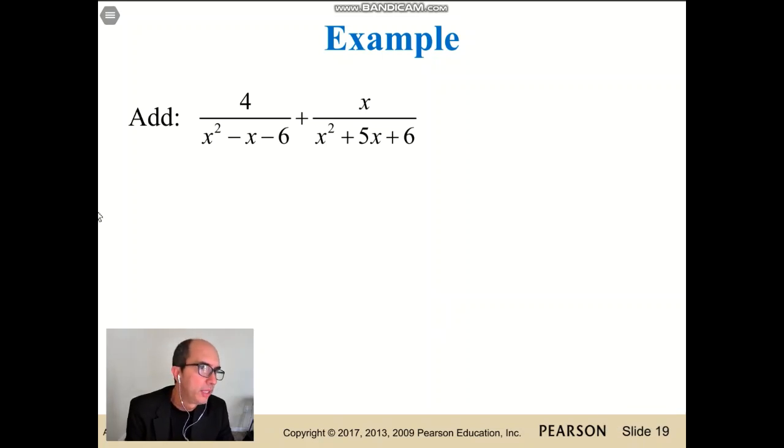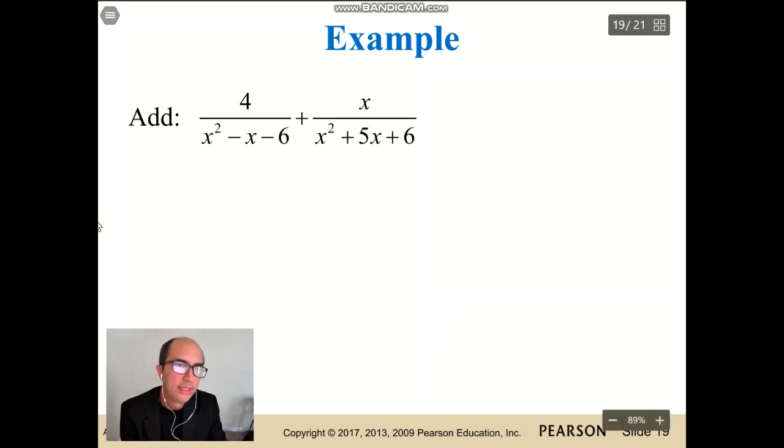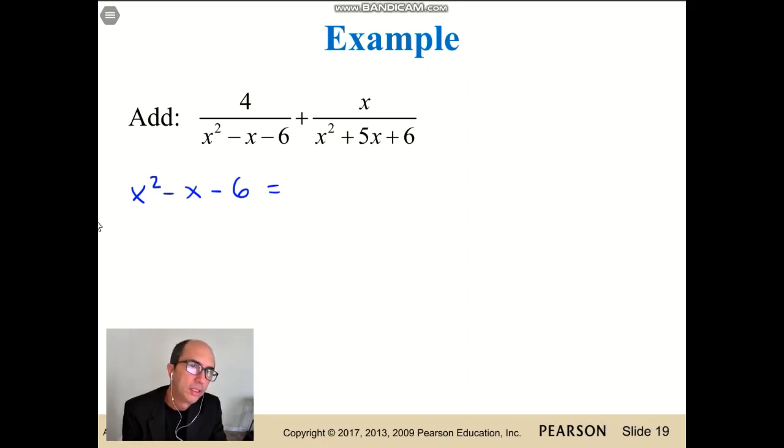Another example. Now the denominators here are x squared minus x minus 6. Let's factor this out. Remember, find numbers that multiplied equal negative 6 and sum to negative 1.